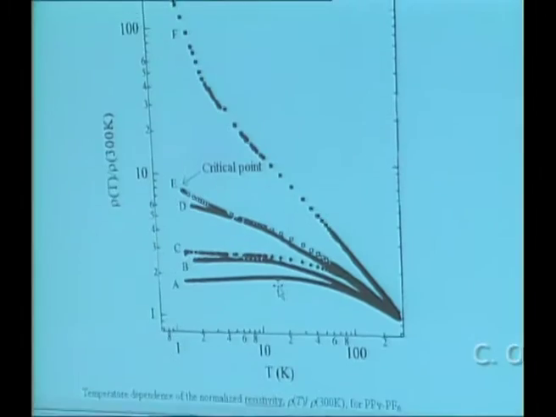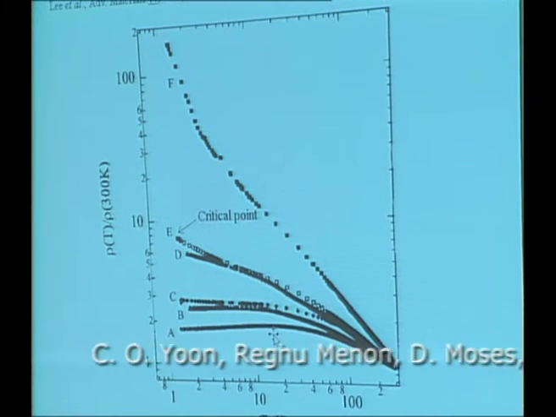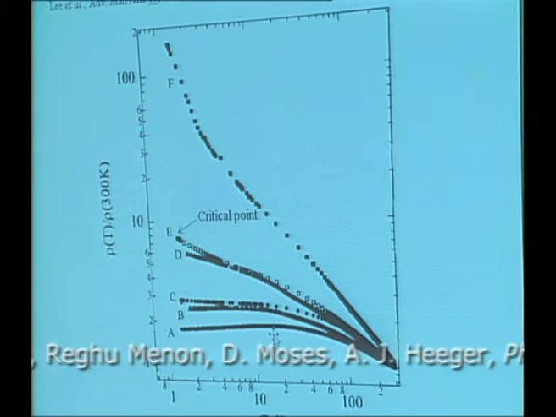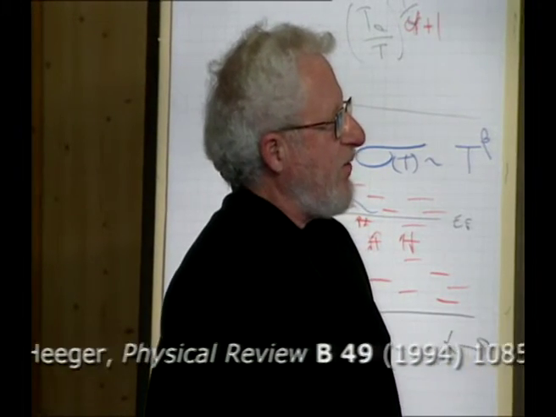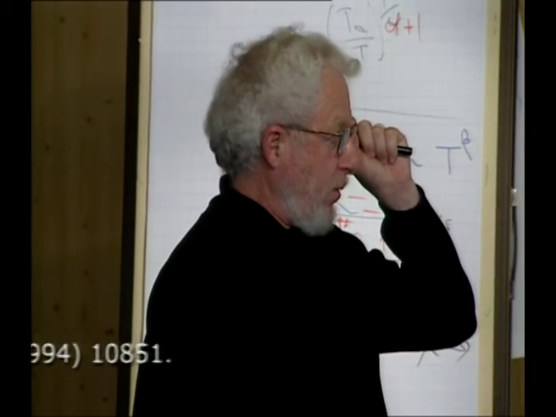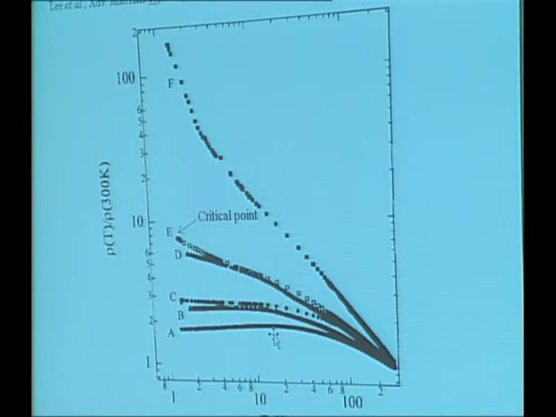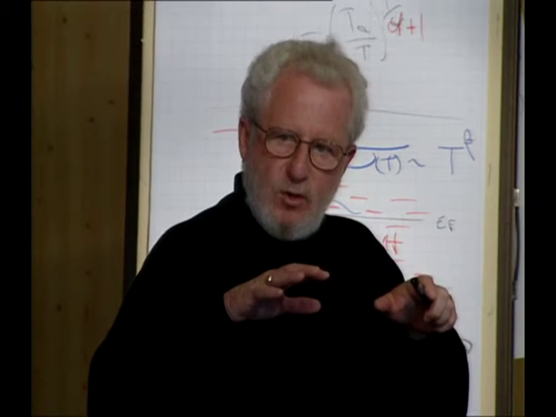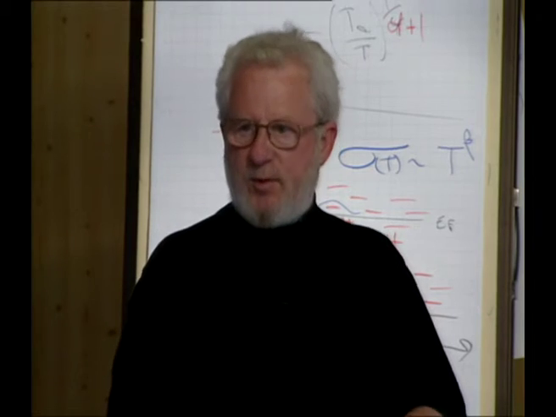Okay. So here are a series of samples. They're all the same chemistry. They were just prepared in a slightly different way. In this particular case, all of these samples were polymerized electrochemically, and sample A was done with a very low current density, very slowly, and at a low temperature.